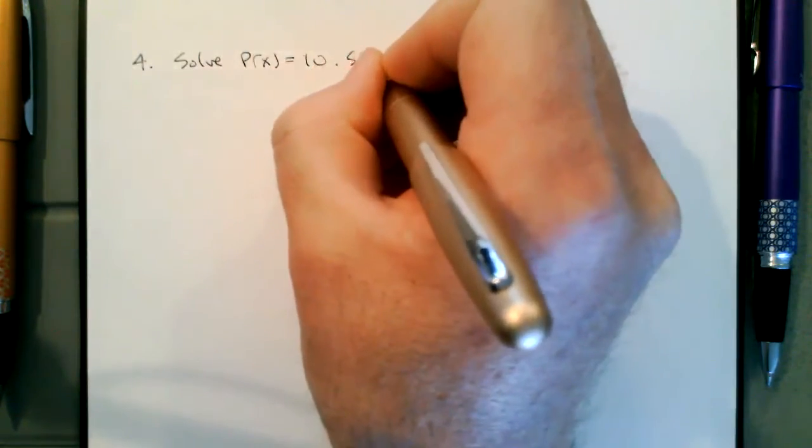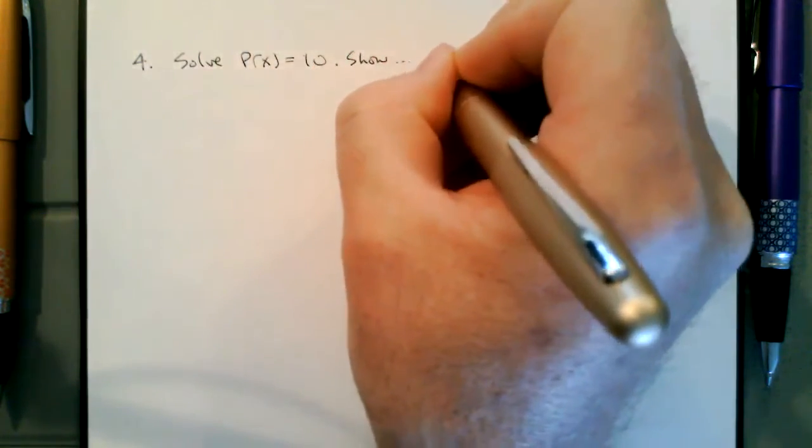So now that we've plugged stuff into the function, we could ask to solve the other direction. So solve P of X equals 10. Show your calculations. Round your answer.